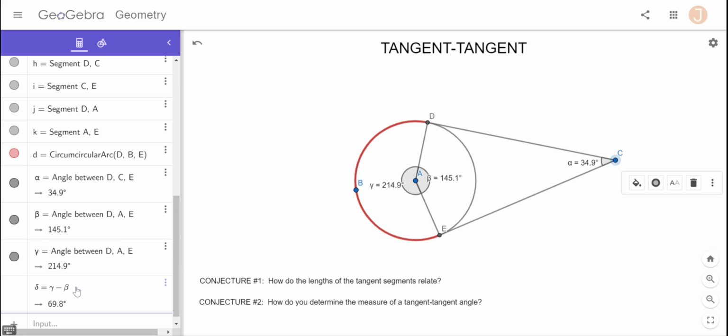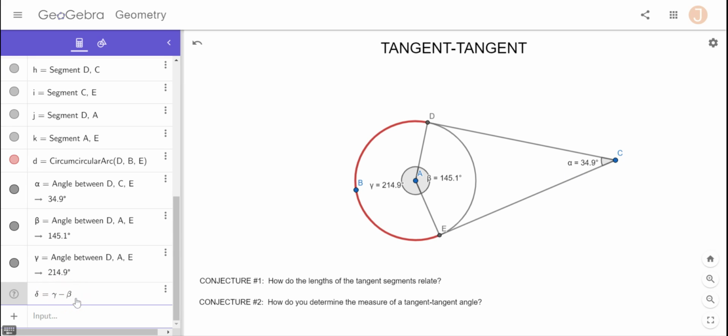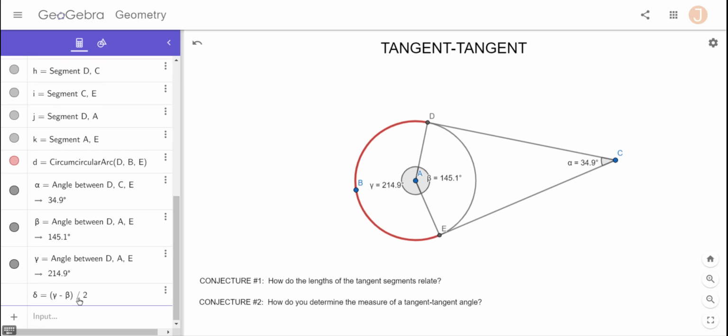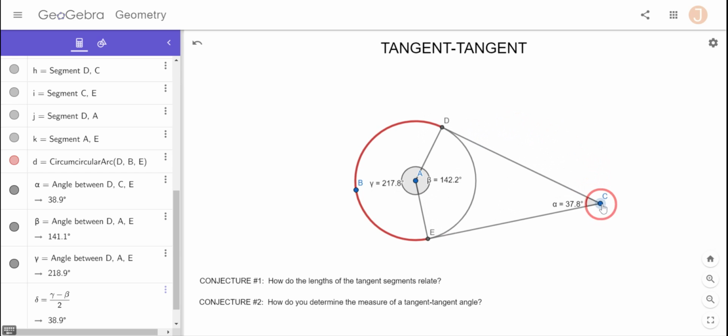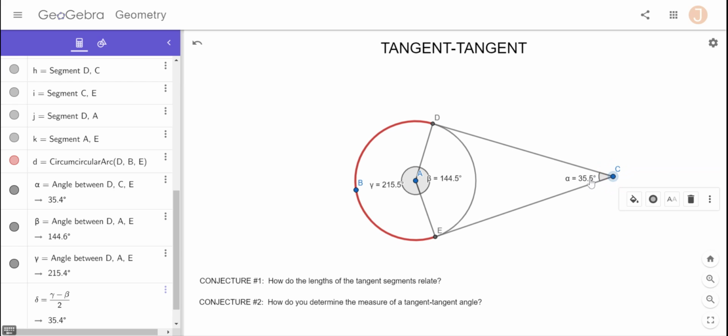Oh, so what if we just revised this now to have some parentheses and we divided by 2? Oh, 34.9. So it looks like the difference of those intercepted arcs divided by 2 is going to be the measure of our tangent angle.